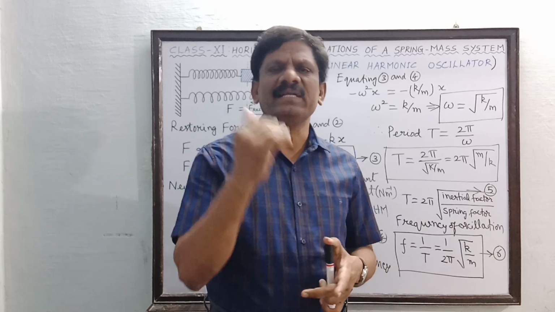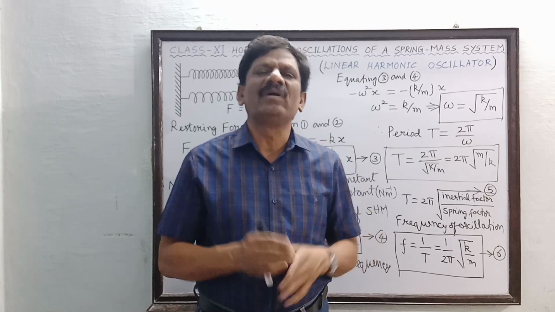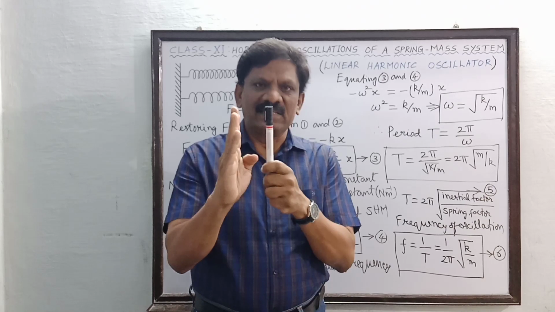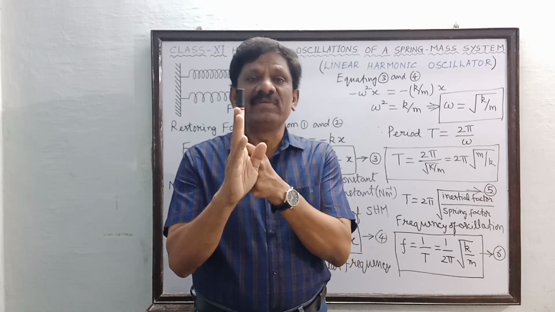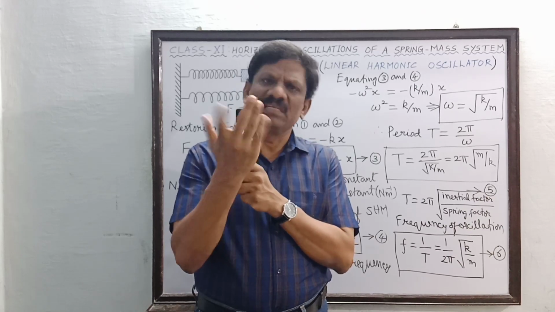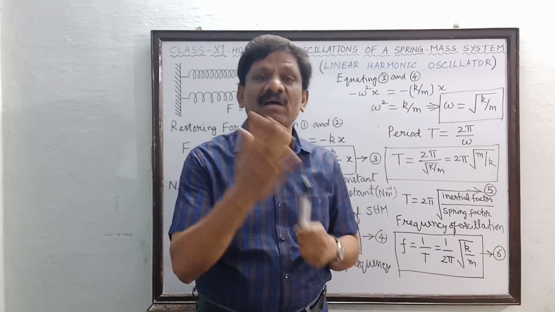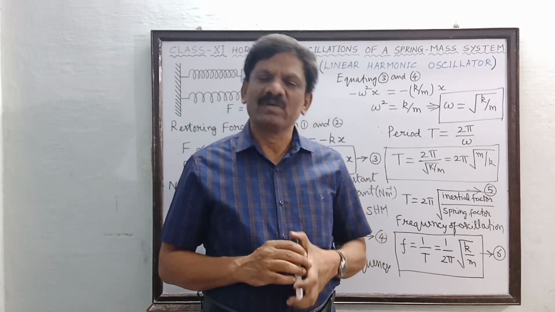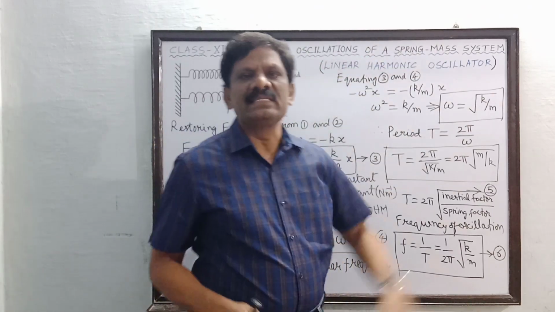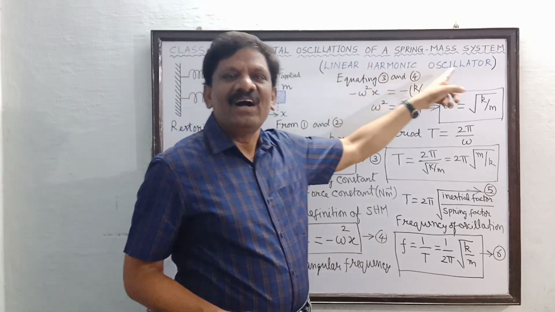Under what condition will the oscillation become linear? Only when the oscillation from the mean position has small amplitudes. If the applied force is extremely large, permanent deformation may take place or it will become non-linear oscillation. So only for small amplitudes can the spring mass system be considered as a linear harmonic oscillator.